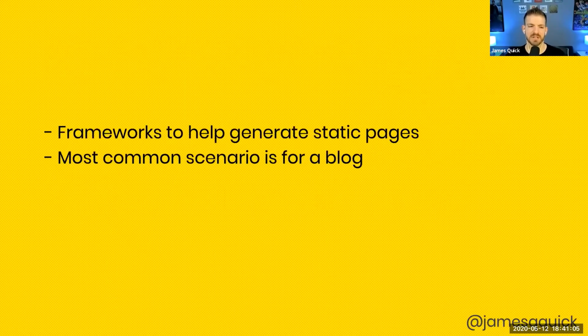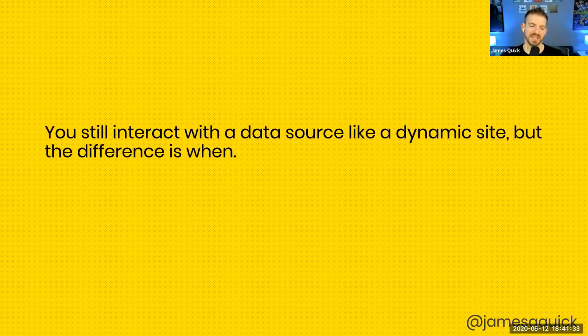So thinking about the idea of the blog, again, a really common scenario that people reach for, mainly just because it's relatable and people can really understand how it works, a static site generator can automatically create all the static pages for your different posts based on the data that it brings in. So one of the key things to know about how static site generators work is they still interact with a data source of some sort. So if you think about a dynamic page, like a WordPress site.